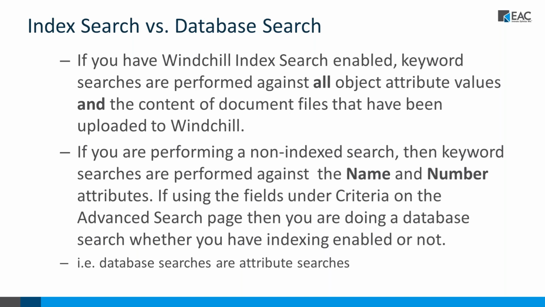If you're performing a non-index search, then the keyword search is performed just on name and number by default. If you're using additional attributes under the criteria, the advanced search page is going to do a database search. So even if you have index searching on and you search for particular attributes under the criteria heading, it's sort of like turning off indexing, and it just does those attribute searches. So a database search, a non-index search, is basically an attribute search. It searches for attributes.